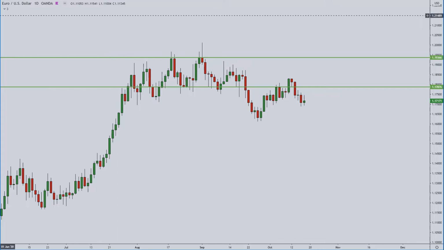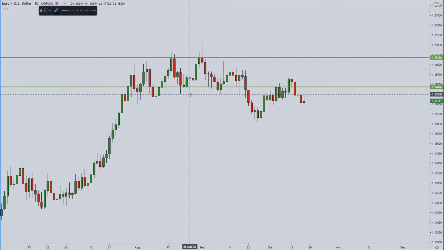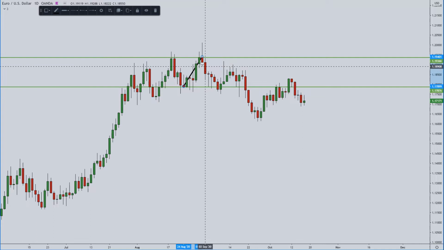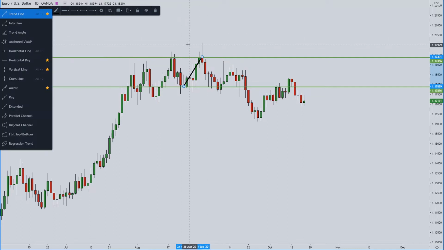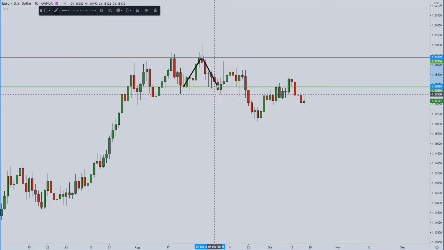What we are interested in is to see that this peak's first major support is taken out by price. It can wick, but it is preferred that a body actually closes at it or below it.